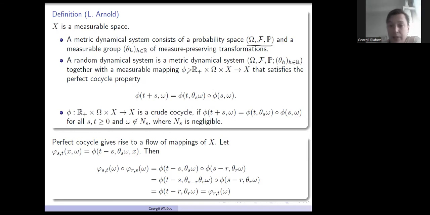Its arguments are the time, the randomness omega, and the state variable. And this measurable mapping satisfies the perfect cocycle property. So the mapping corresponding to time t plus s is equal to the composition of mappings corresponding to times t and s. However, here we need to shift the randomness by s in time.